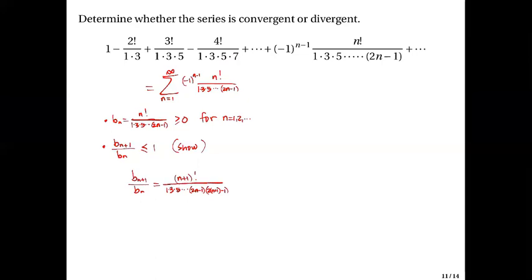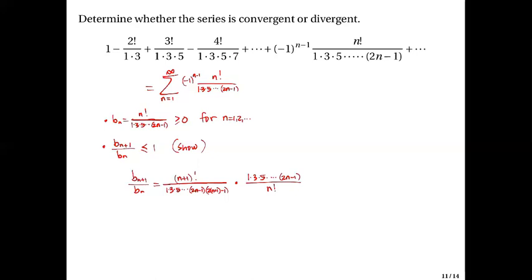Okay, so that's our Bn plus 1. And then for the Bn, since it's in the denominator, let's just get the reciprocal of this. So you will have 1 times 3 times 5 times you have 2n minus 1 divided by n factorial.